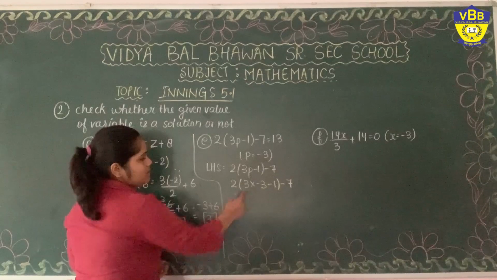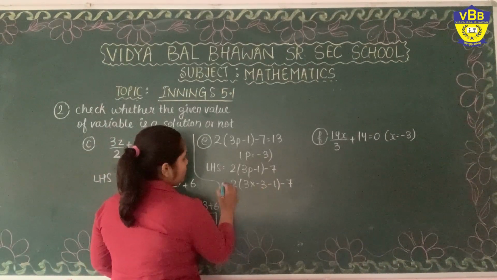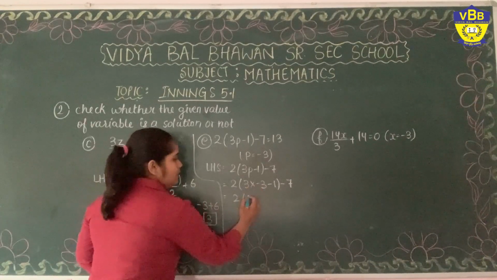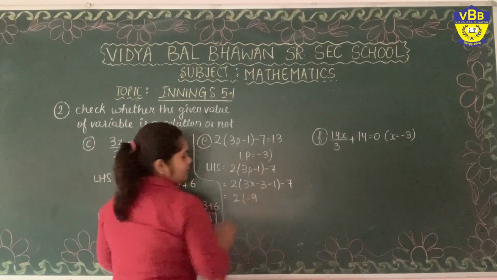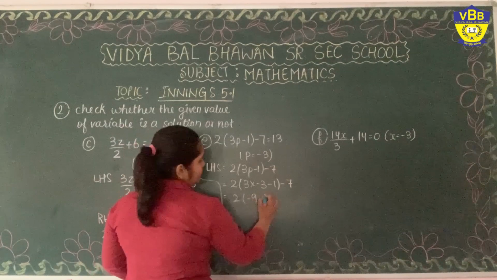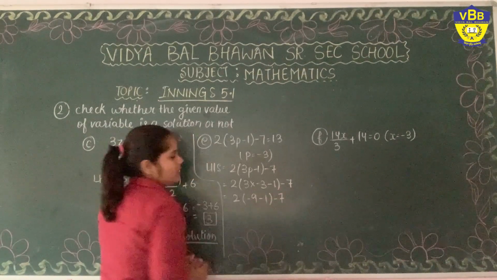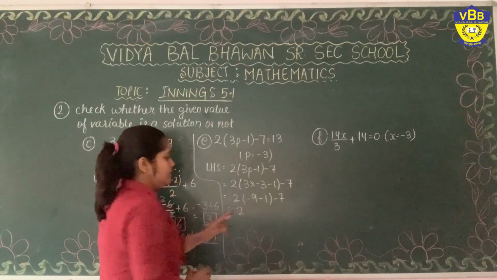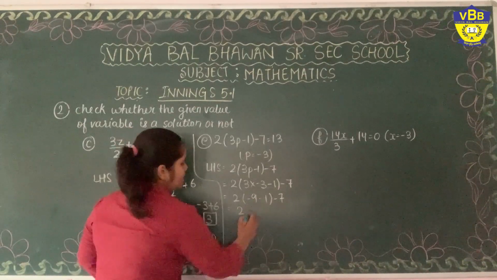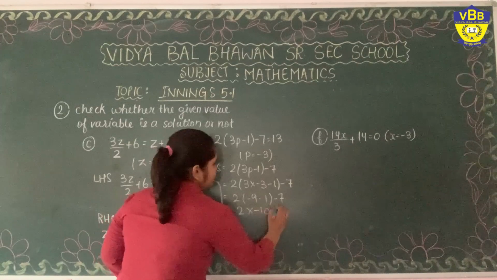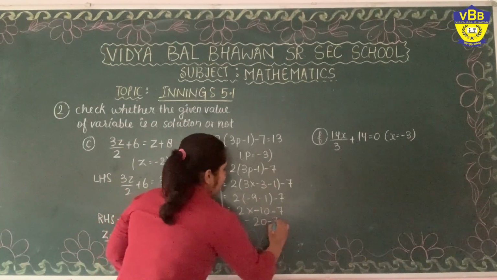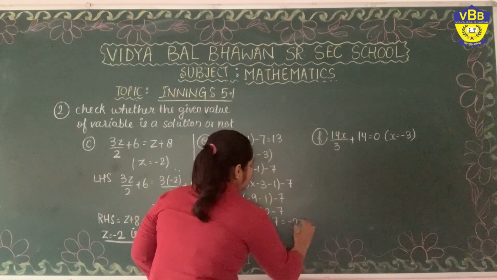Inside the bracket there is multiplication and subtraction. According to BODMAS rule, first we will multiply. 3 multiplied by minus 3 is minus 9. Then minus 1, minus 7. Other numbers are written as it is. Now solve the bracket. It will be minus 9, minus 1 will be minus 10. It is minus 20, minus 7. That will give you the answer minus 27.